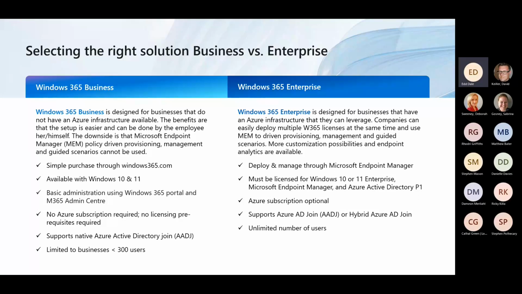And like anything else that has the word business in it from Microsoft, it is of course limited to 300 users. There is also, I should mention, a discount. If you are putting Windows 365 onto a device that is already running Windows 10 or Windows 11 Pro, there is actually a small discount which can be claimed.